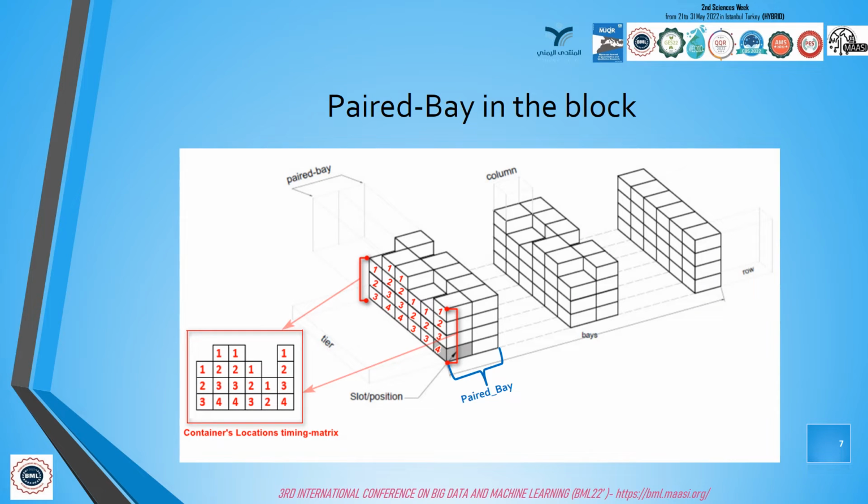This image explains our previous hypothesis. It's called Paired Bay. We divided the block of the terminal yard into paired bays. A paired bay is the division of bays into two bays together.